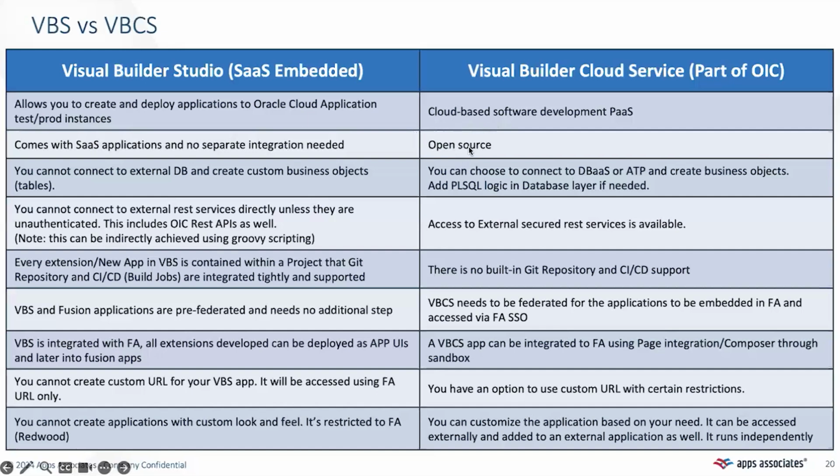These all support your extensions and integrations. I am not going to read through all the different advantages and features of each, but you can take a decision on which one will fit your needs, whether it would be Visual Builder Studio or VBCS, that part of OIC.